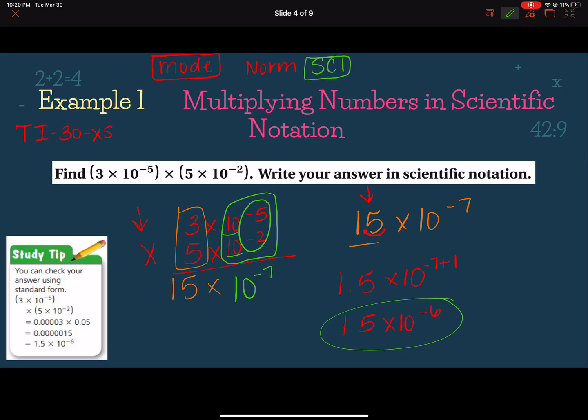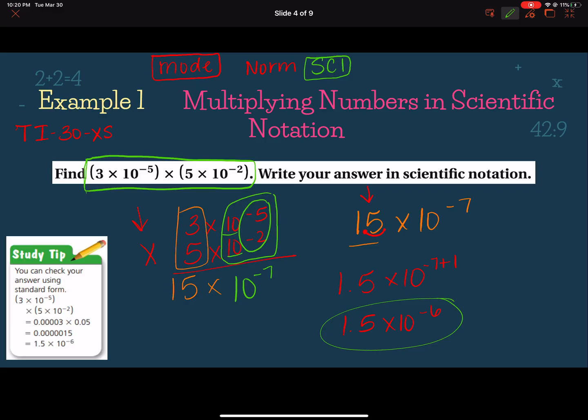Now that you have SCI selected, you can just type this in the calculator, okay? I did show you how to do it by hand, but in all reality, you're going to have this calculator on the test, so I want to make this as easy for you as possible. You're going to have this calculator literally for the rest of your math career, so if you learn how to use it, your life's going to be easier.